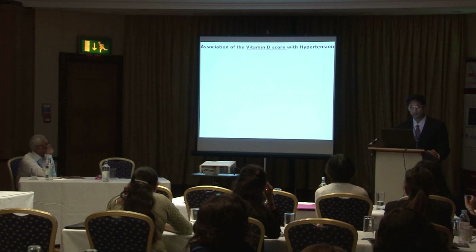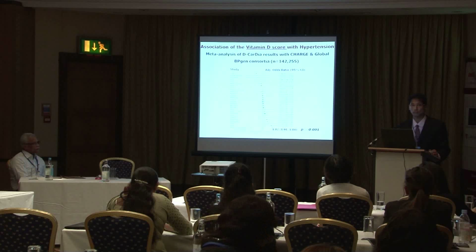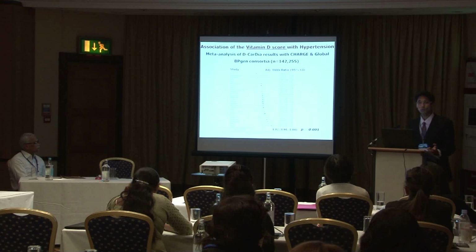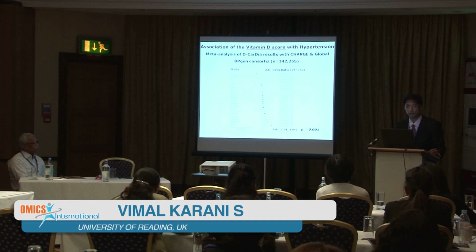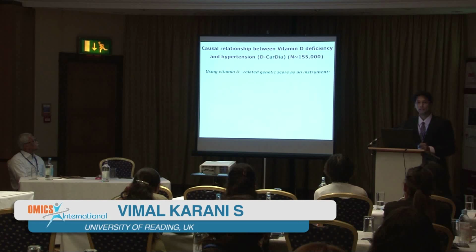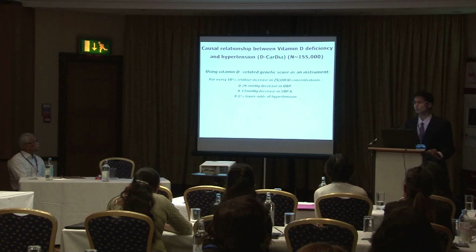And we also found an association with hypertension, where we found that for every increase in the risk allele of the vitamin D score, there was 1.02 times increased risk for hypertension among those who carry the risk alleles of the vitamin D score. So this clearly shows that using vitamin D genetic score as an instrument, we were able to show for every 10% increase in 25-hydroxy vitamin D concentration, there was 0.29 mmHg decrease in diastolic, 0.37 decrease in systolic, and 8.1% lower odds of hypertension.